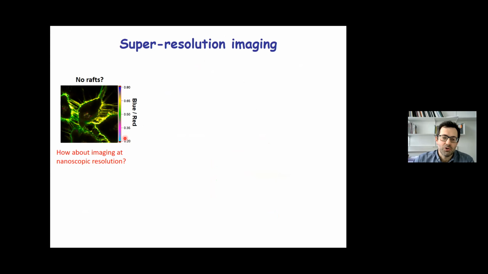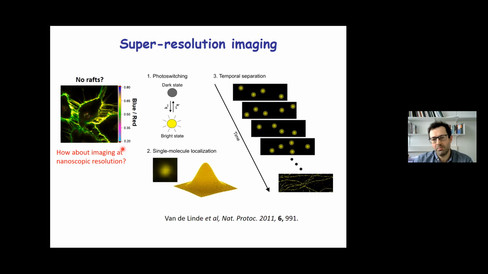So no rafts. Okay, then can we really study them at high resolution? Because now domains are considered to be much smaller. They are also dynamic. So can we do super resolution? And so probably you all know what super resolution techniques are. We have different approaches now.